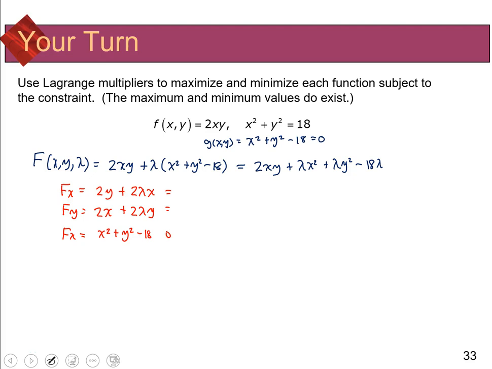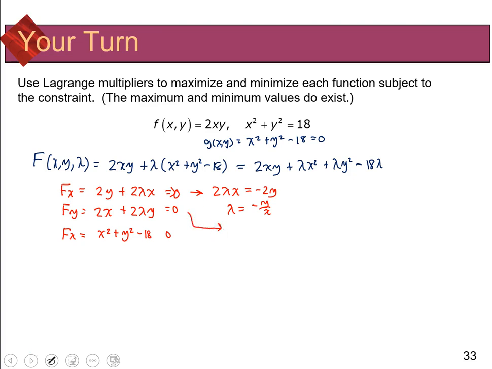In both cases, I get that lambda... 2 lambda x is going to equal negative 2y, which means lambda is going to be negative y over x when I solve the top one, or f sub x.